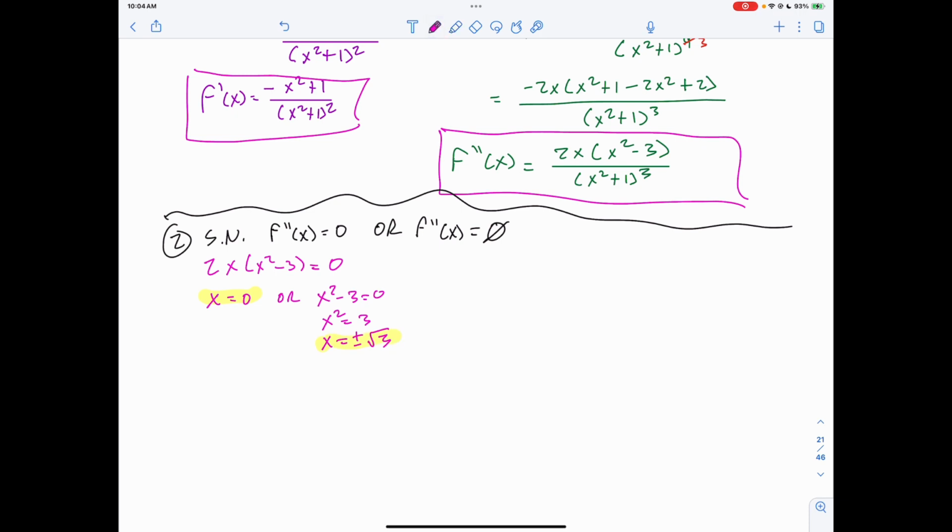In my denominator, if x squared plus 1 cubed is equal to 0, x squared plus 1 would equal 0. When I move the 1 over, it's going to become negative 1, and if I try and square root it, there is no solution.